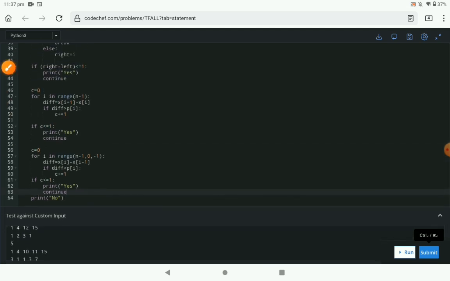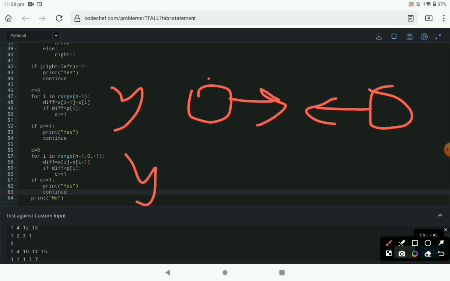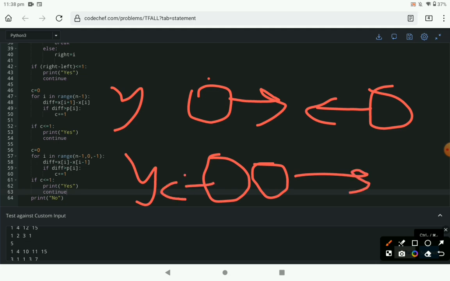Then at last comes the edge case. In this one, what we are able to see is that the ball is coming from the rightmost direction to the leftmost direction. Let's try to understand.